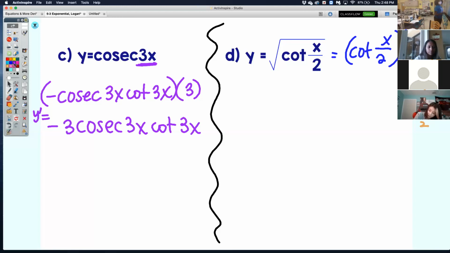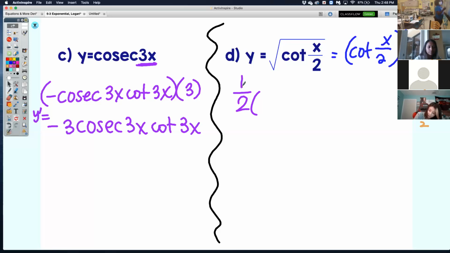What's the derivative of that? Sorry, it's 1/2. My mistake. So when I take the derivative of x to the 1/2, that becomes 1/2 x to the negative 1/2.